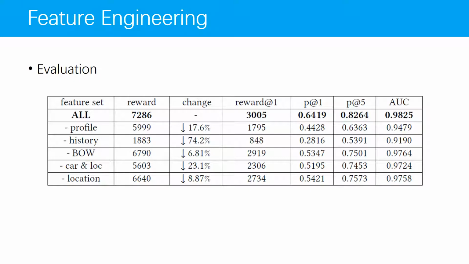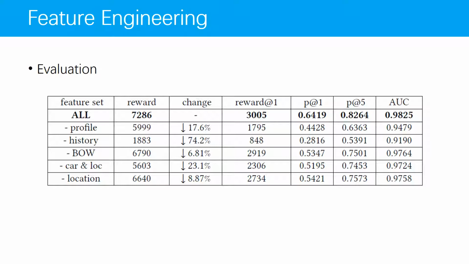This table shows the contributions of different pillars of features. All indicates we use all the features, which leads to the best performance. The minus symbol means we remove this pillar from the entire feature set.